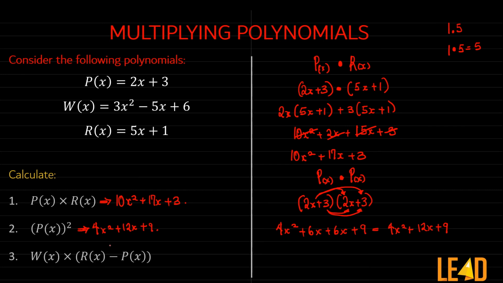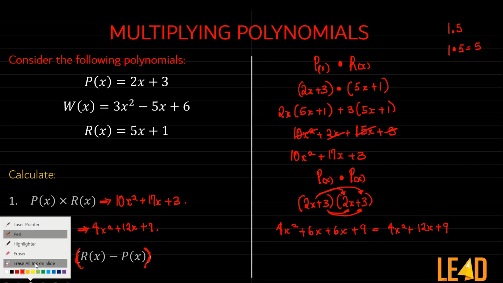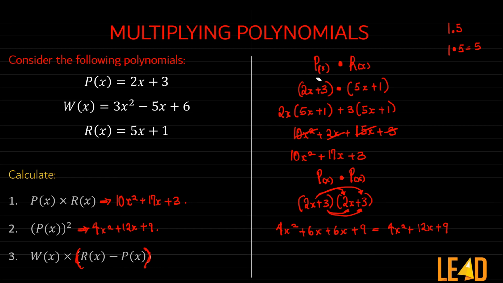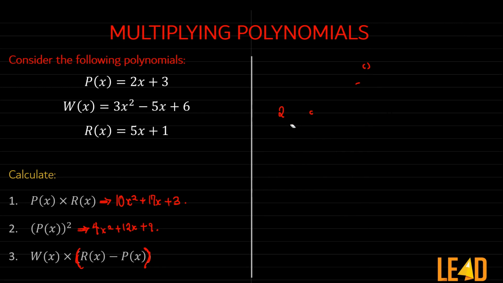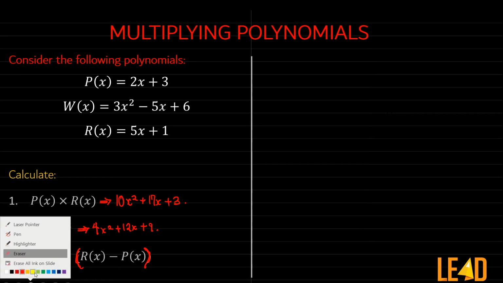Finally, number 3, we have w of x times, okay, so we have a bracket here. That means we would have to attend to the bracket first and do the subtraction. After subtracting, then we multiply by w of x. Maybe I could try another color at this point.